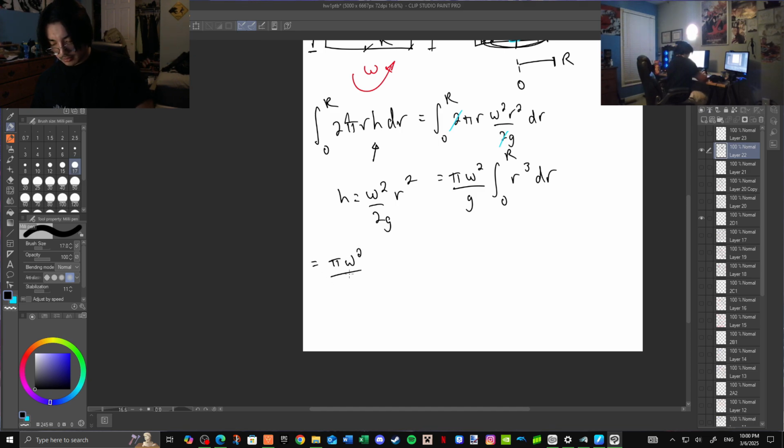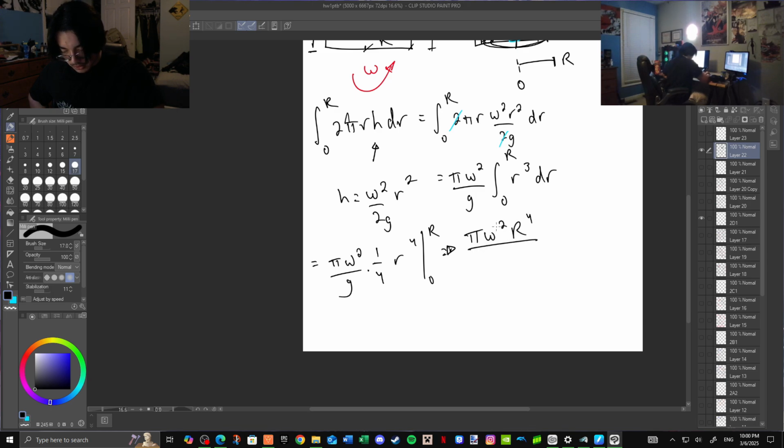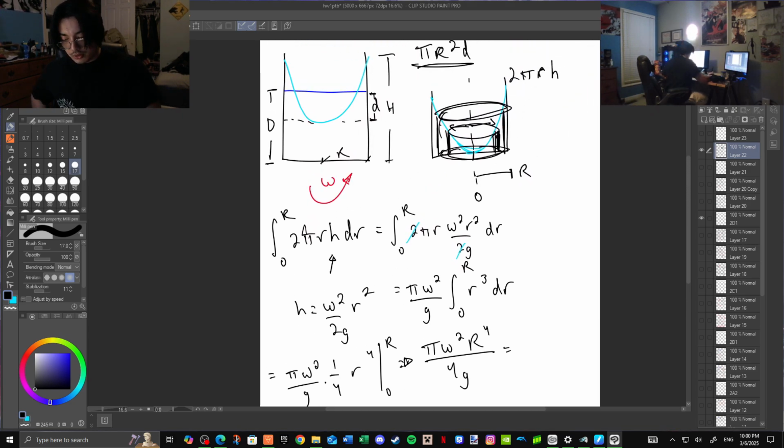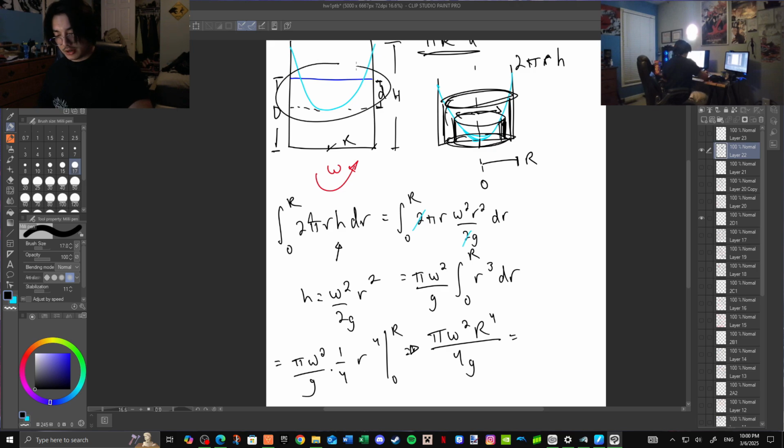By doing that, we will get 1 over 4 times r to the 4th power, same bounds. And there we get the final expression, pi omega squared times big R to the 4th power over 4g. Again, this is the volume of this area that is being distributed throughout this concave shape.